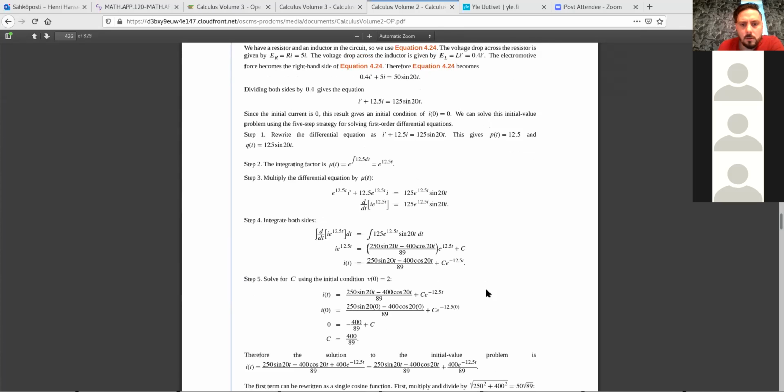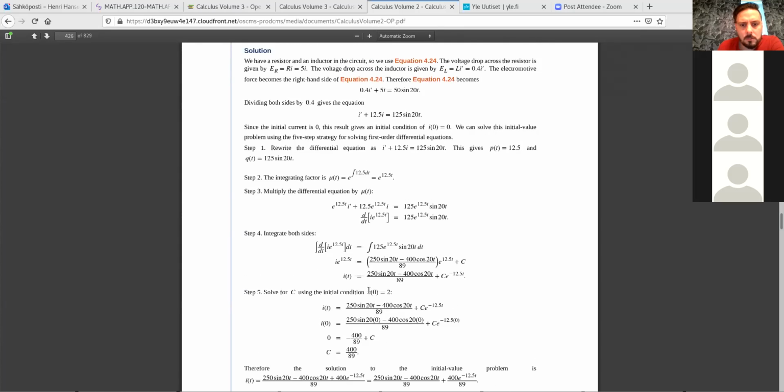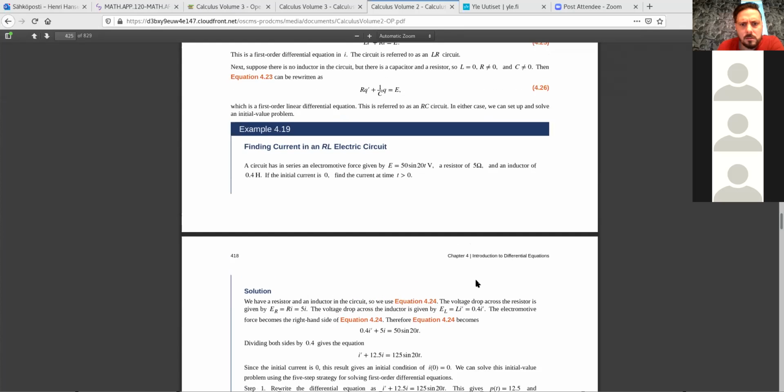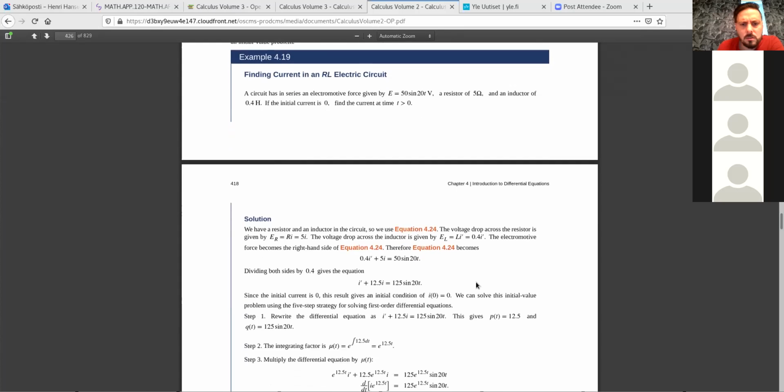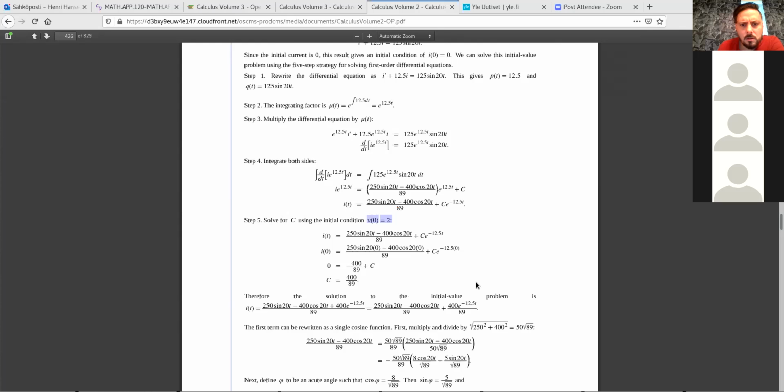Well, I don't know what this means here, because we get the solution here. This has sine and cosine, and then there is this exponential function.